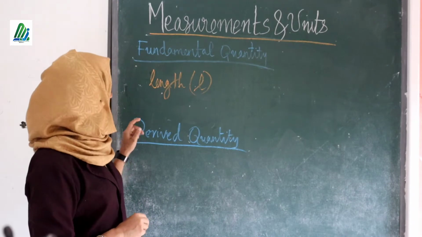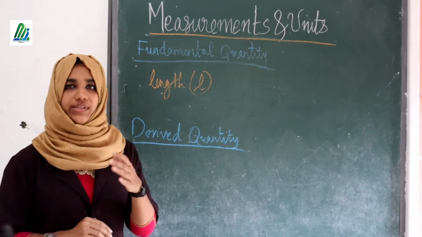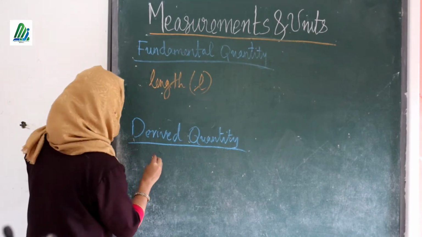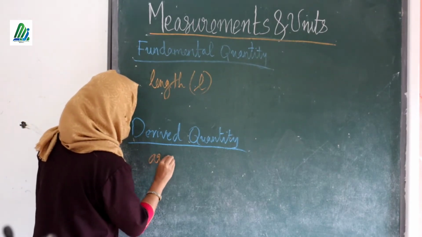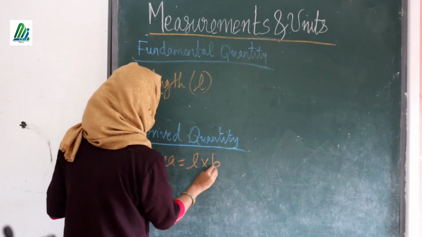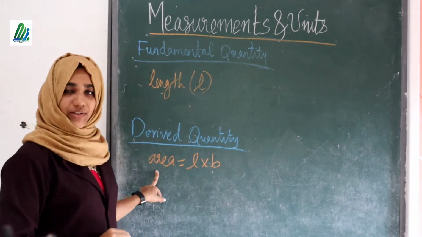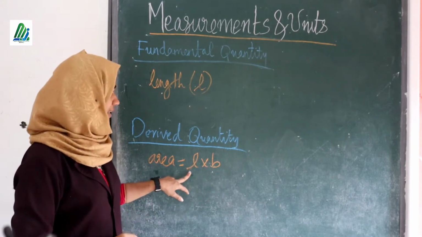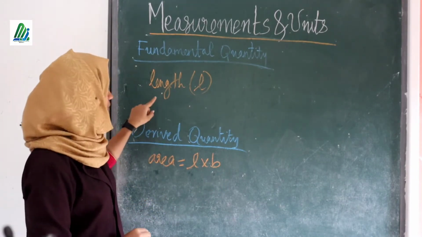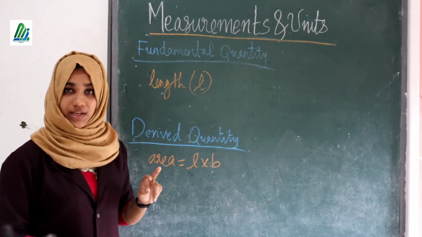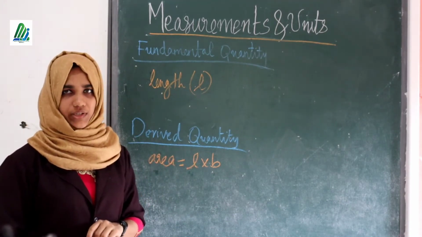As in the case of a derived quantity, for example, area. How can we calculate area? Area is equal to length into breadth. Are length and breadth types of fundamental quantities?